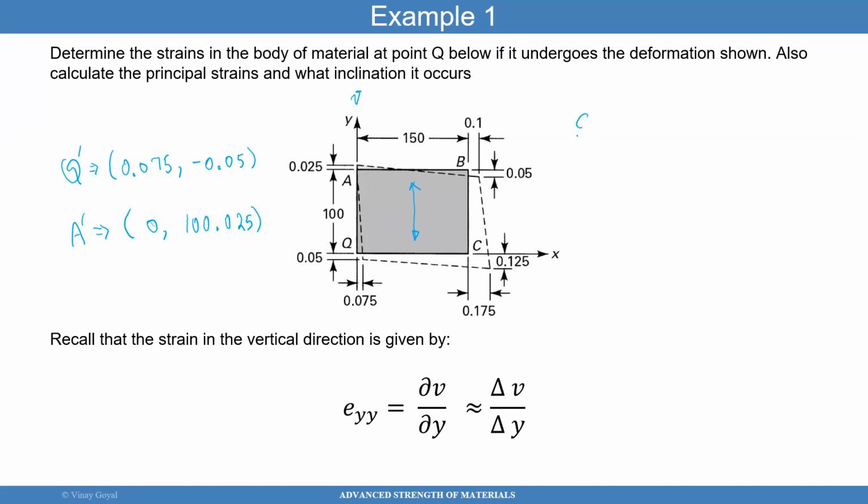So strain YY is the final length minus initial length, divided by initial length. The final length can be calculated by subtracting these two numbers in the y direction. So I get 100.025 plus 0.05 minus 100.